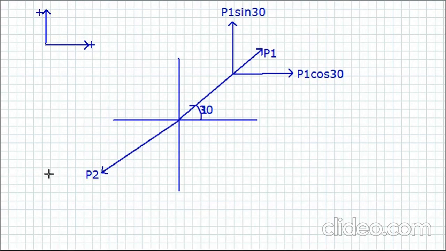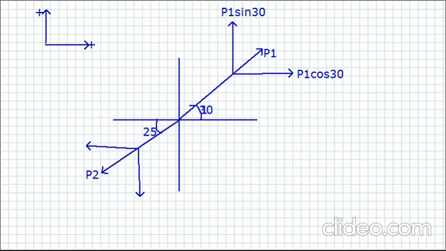Then similarly we resolve the second force, considering force P2 making an angle of, let's say, 25 degrees with respect to the x-axis. To resolve P2, this is the horizontal component and similarly the vertical component here.